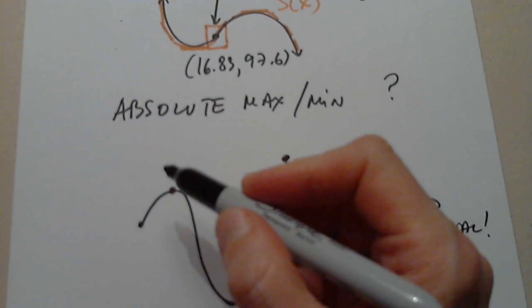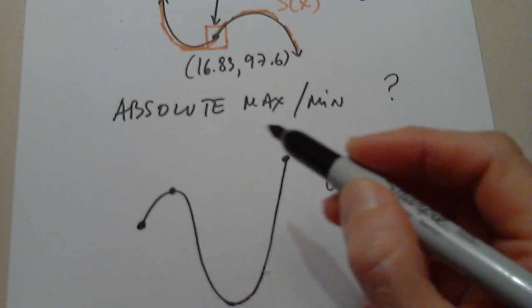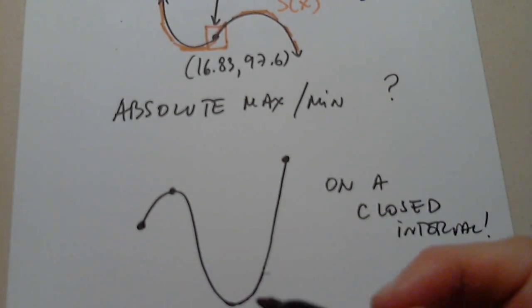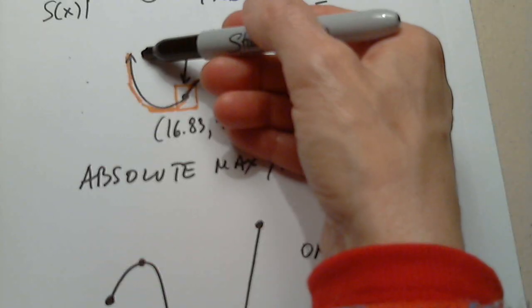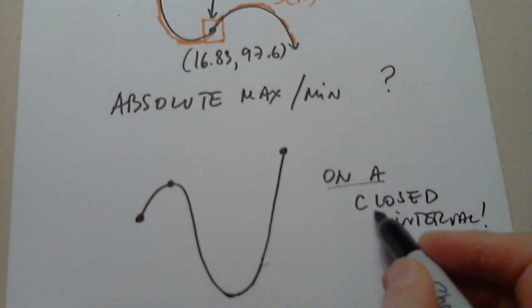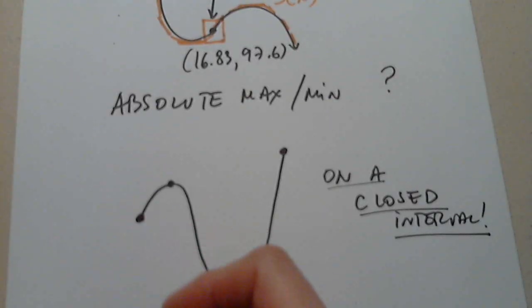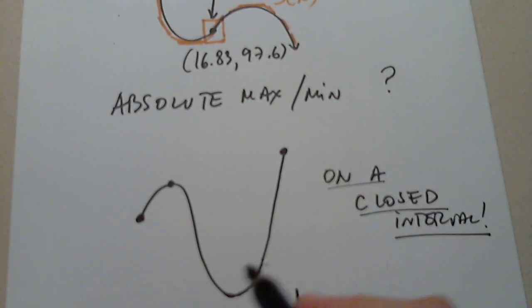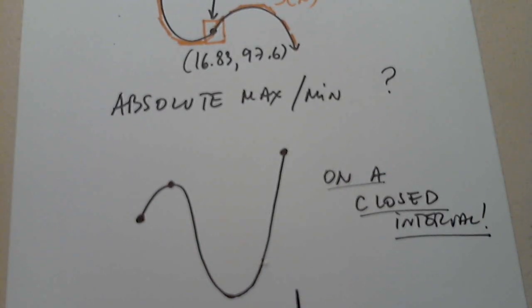What does that mean? Well, it starts at this point and it ends at this point. This goes on forever, as I graphed it. But this one is on a closed interval between this value and this value. I'm going to say between -10 and 4 as an example.